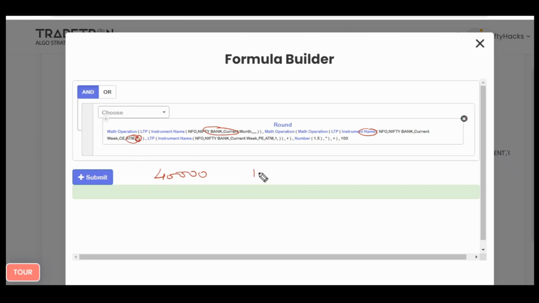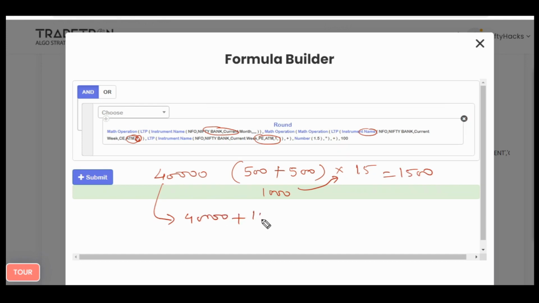So suppose the ATM call price is, let's take the example, 500, and this is for next week ATM put price, it is also at 500. So you need to combine them, the premium which comes to around 1000, then you need to multiply this 1000 with 1.5, which gives you a result of 1500. So for buying the call hedge you need to add 40,000 plus 1500 is equal to 41,500.